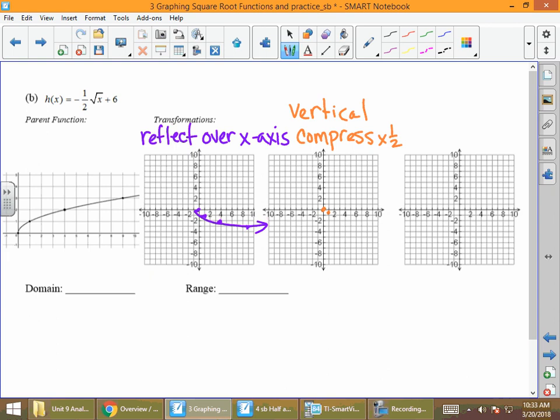Negative 2 times 1/2 is negative 1, so our next point is going to be 4, negative 1. And the last point on our purple graph is 9, negative 3. Negative 3 times 1/2 is negative 1.5. 9, negative 1.5. And we can kind of see that it's vertically compressed there.